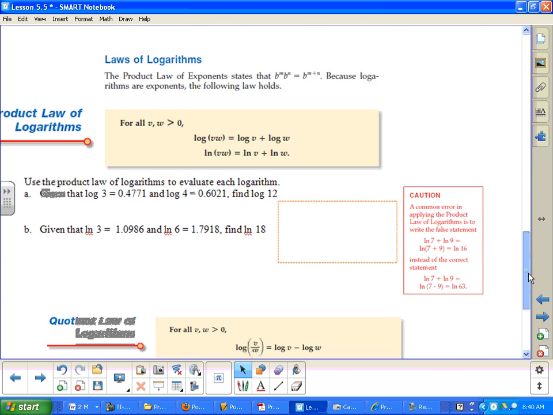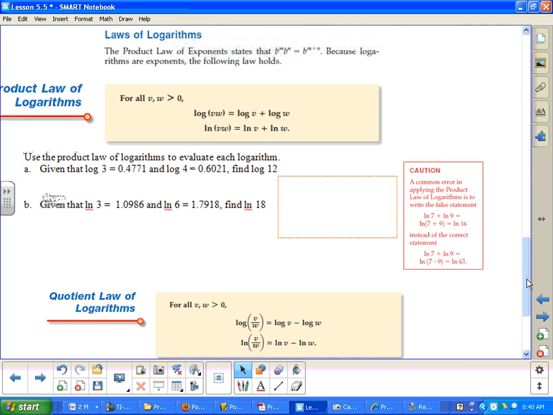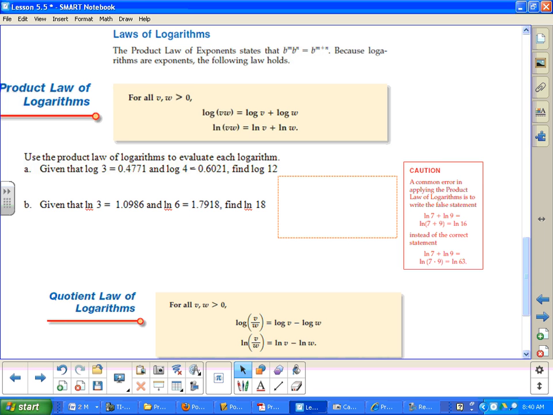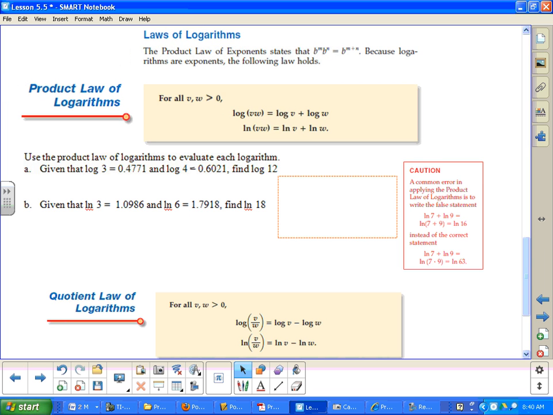Now, these properties or laws of logarithms we talked about in Algebra C. The first ones are the product properties, which say that if I have the log of a product, it's equal to the sum of the logs of each of those individual things.